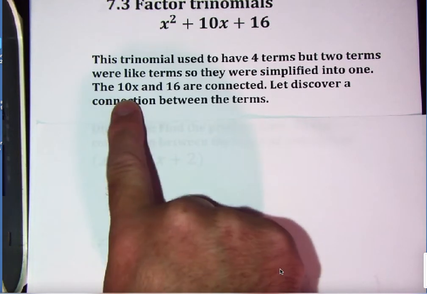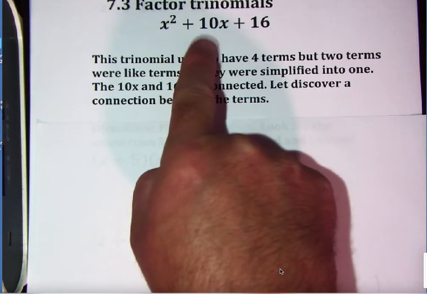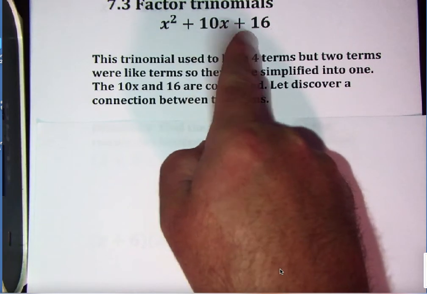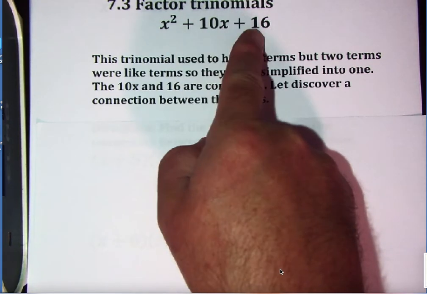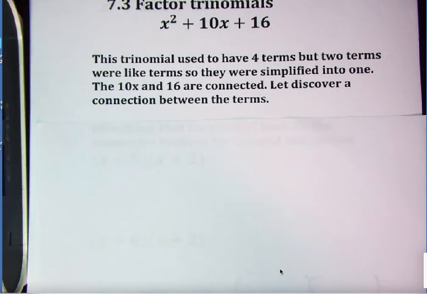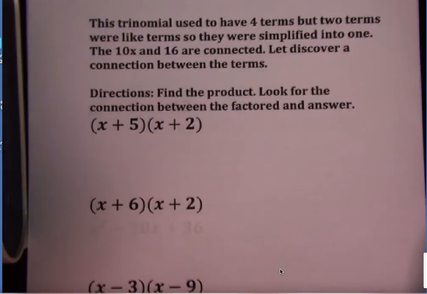So I want you to think about the connection between 10x and the 16. These 2 things are connected. The 10x and the 16. So instead of me telling you, I want you to discover it. Remember, factoring is the reverse of the distributive property.